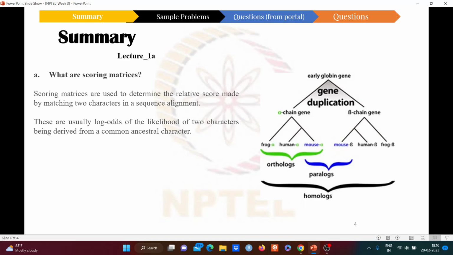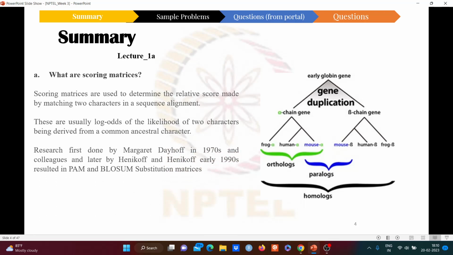In generating scoring matrices, the first research was done by Margaret Dayhoff in the 1970s and colleagues, and later by Henikoff in the early 1990s, which resulted in the PAM and BLOSUM substitution matrices, which are the most widely used today. In this lecture, we will discuss their construction and how to use them.